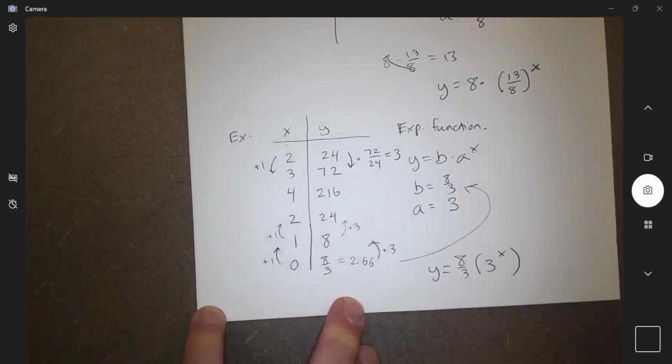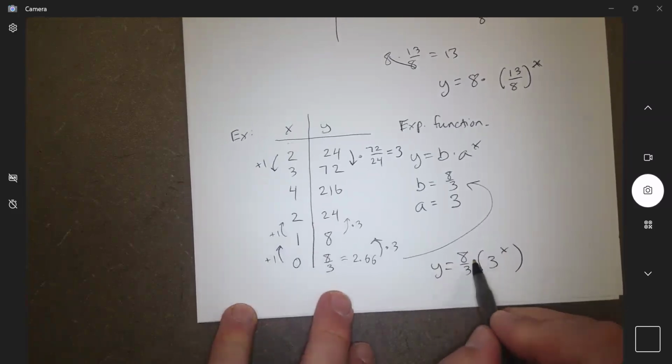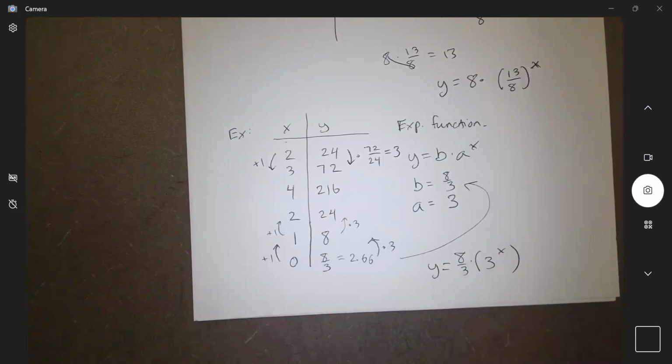And I put some parentheses around the 3 to the x to make it a little more clear. All right, so that's definitely a step up in complexity, but the same ideas apply. You find your multiplication rate of change, and using that, you can figure out what your y-intercept is.